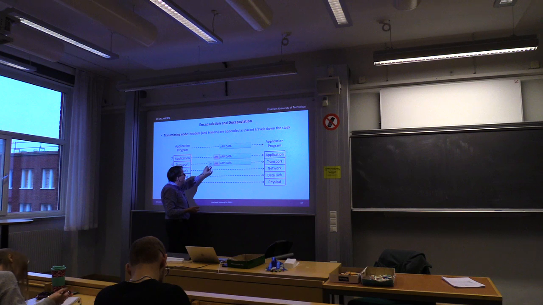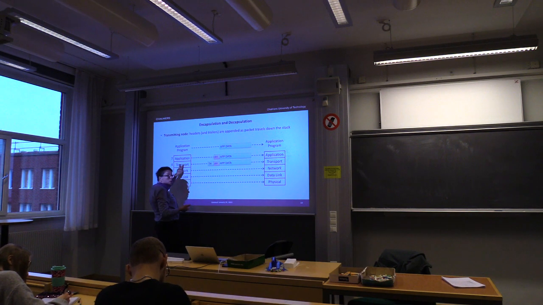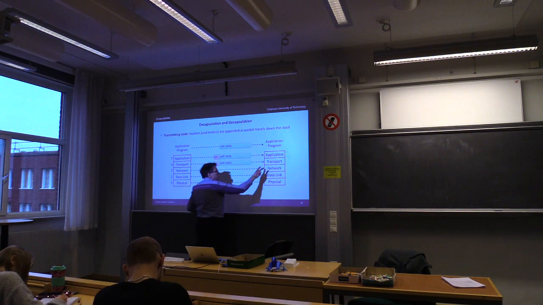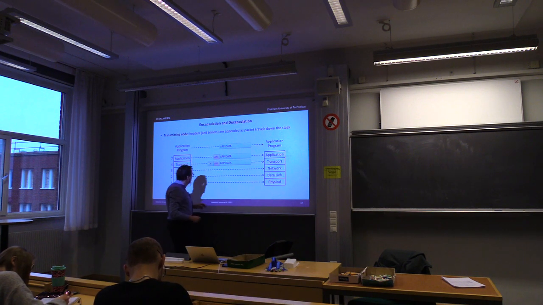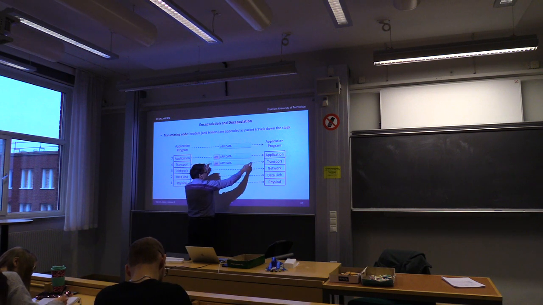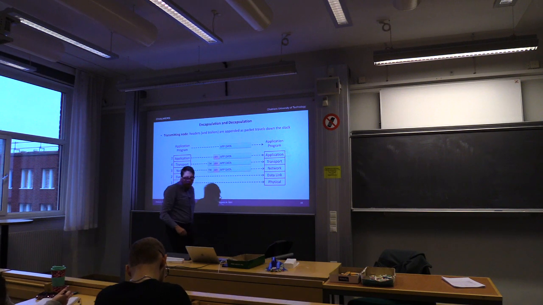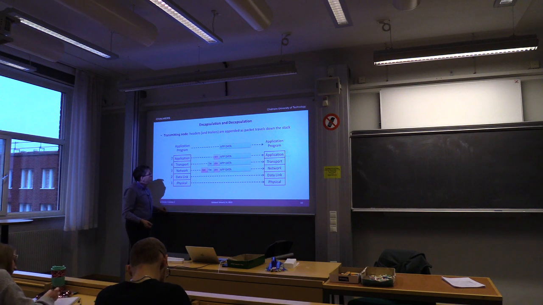Okay? Now, to do this transport between the transport layer protocol here and the transport layer protocol here, it uses the services provided by the network layer. So this data is then pushed down the stack, and a new header is put on top of that.